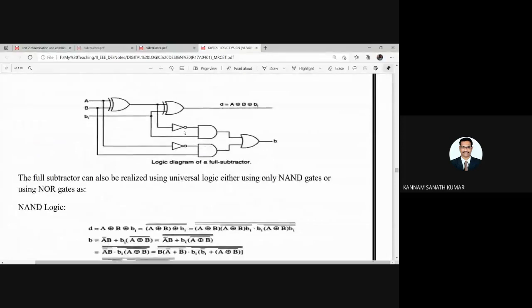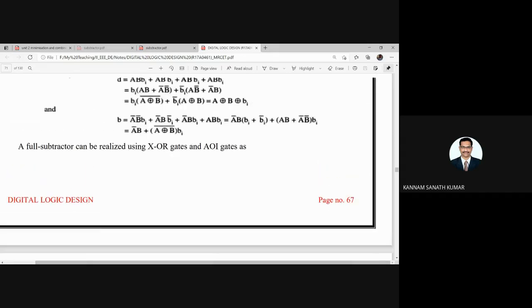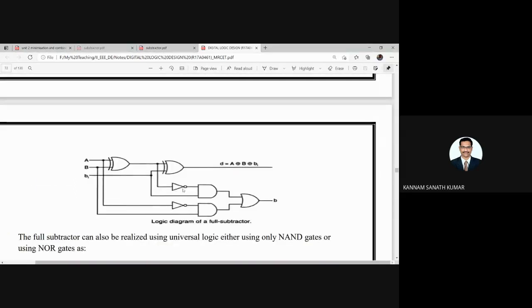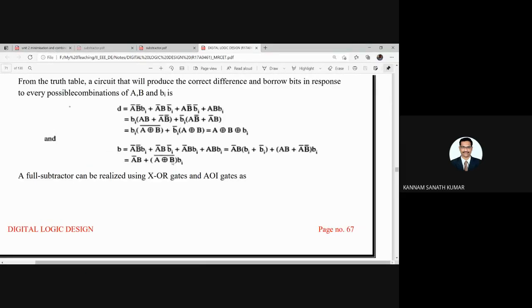So here, till here you got A XOR B, no? So A XOR B is coming to the inverter, you will get (A XOR B) whole bar, into Bi.